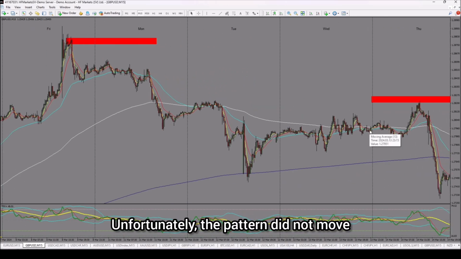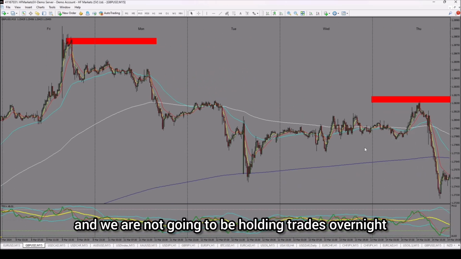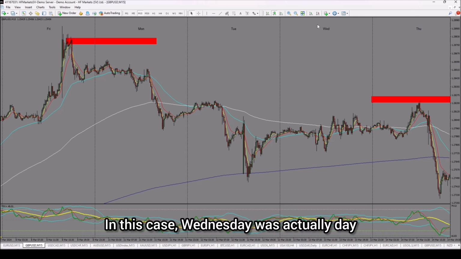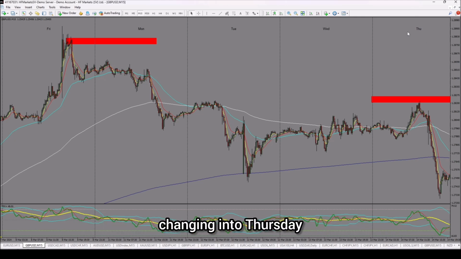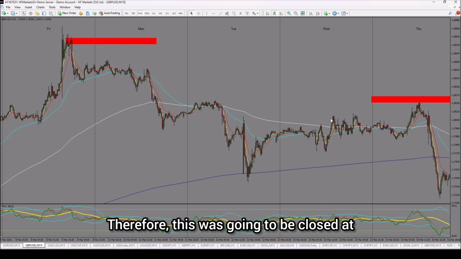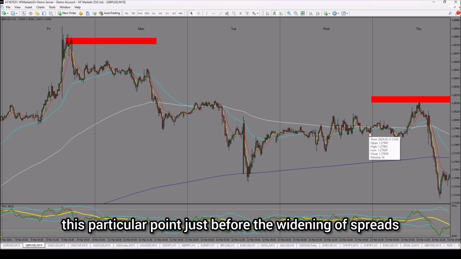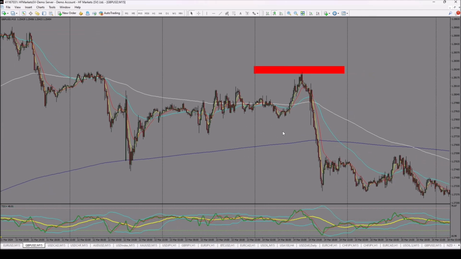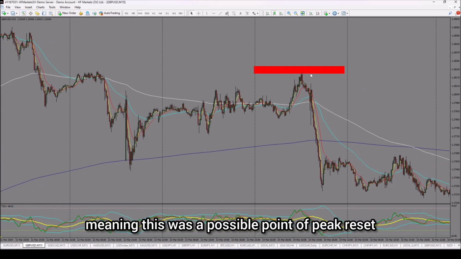Unfortunately, the pattern did not move, and we are not going to be holding trades overnight. In this case, Wednesday was changing into Thursday. Therefore, this was going to be closed at this particular point just before the widening of spreads. We had another crossover, meaning this was a possible point of peak reset.